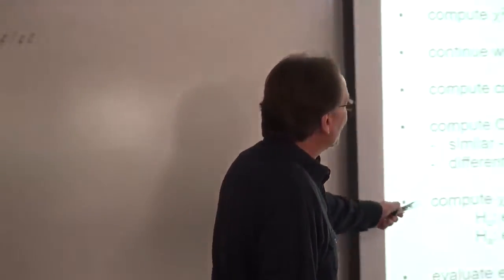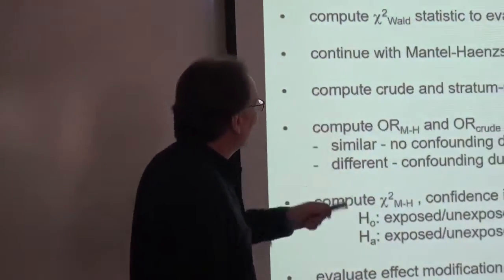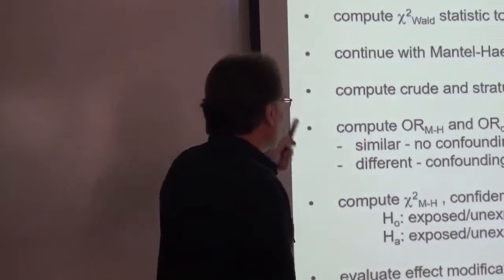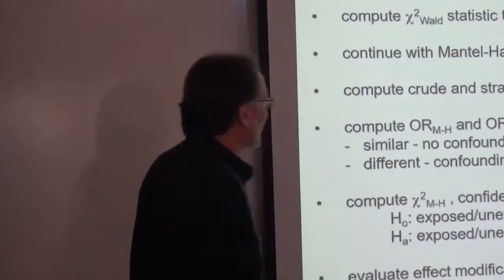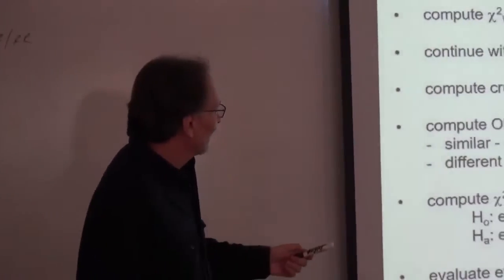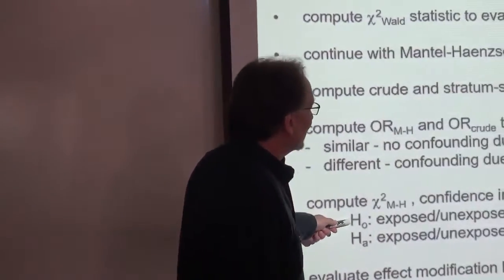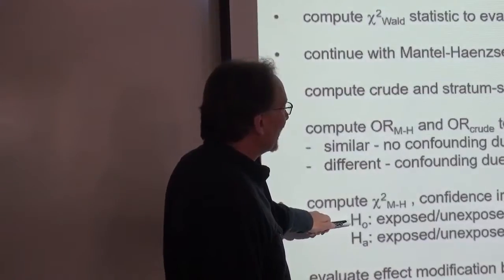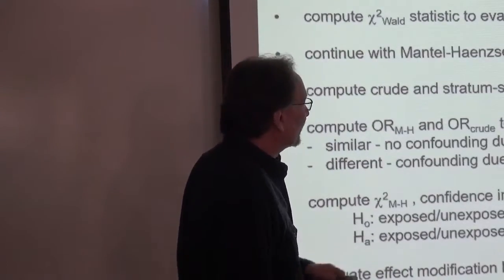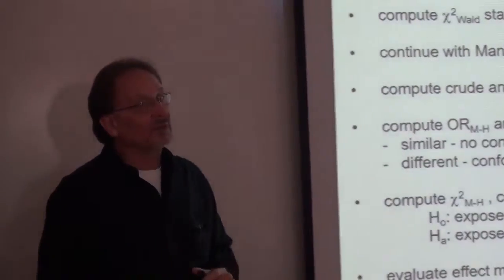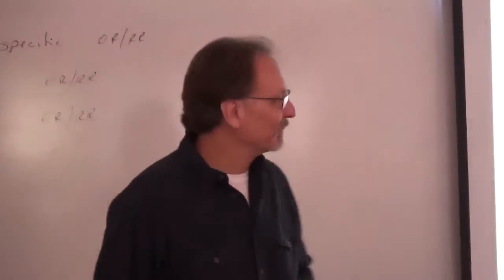The chi-squared Mantel-Haenszel, which needs the Mantel-Haenszel odds ratio to calculate, evaluates the null and alternative hypotheses. The null is that the exposed and unexposed effects are equal in each stratum. The alternative is that the exposed and unexposed effects are different based on the stratum.